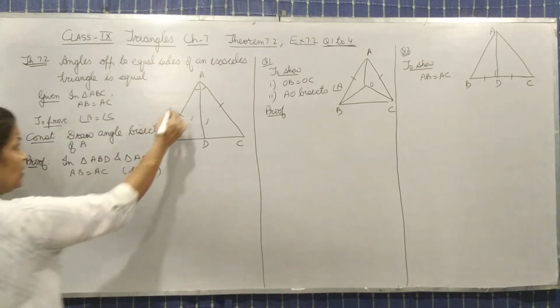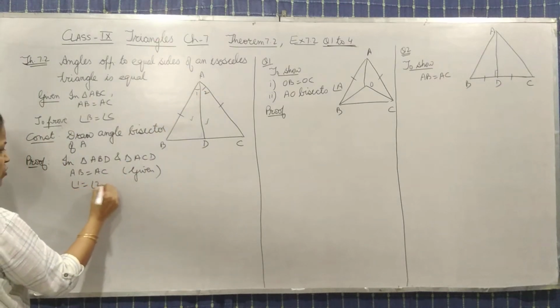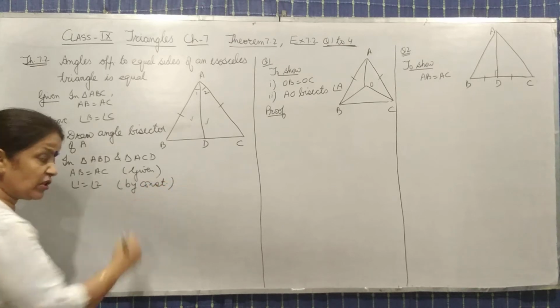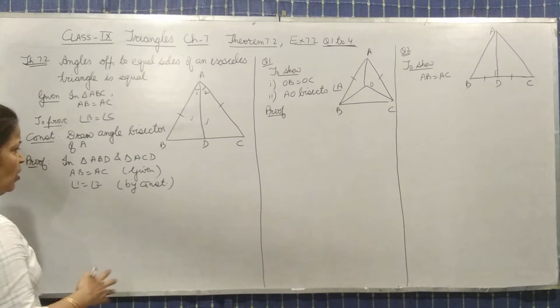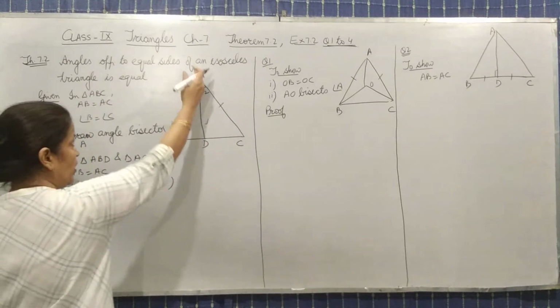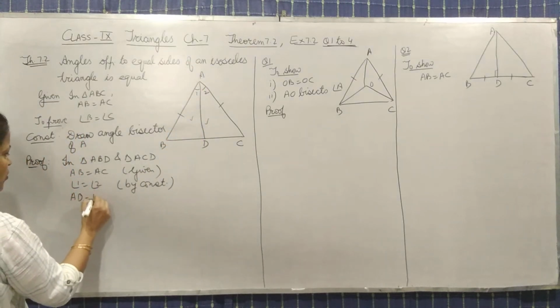And what else? These two angles are equal. Angle 1 equals angle 2 by construction, because it is an angle bisector. What should be the third thing which you have to take equal? Look here, AD is common in both cases.